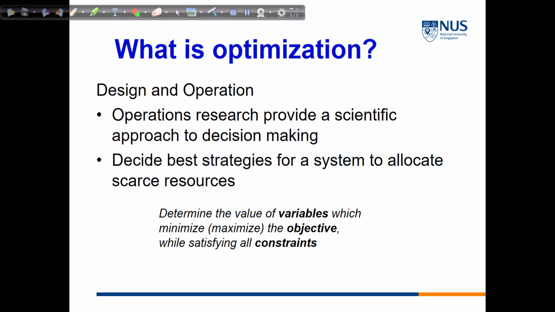So those are the variables. That means you can change that. You can choose one from all those either continuous or discrete variables, which minimize or maximize the objective.